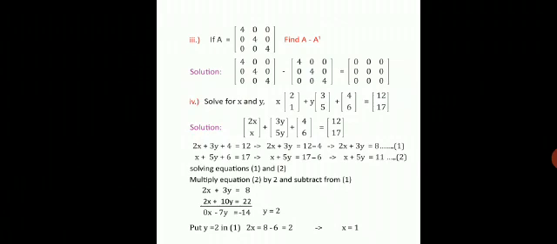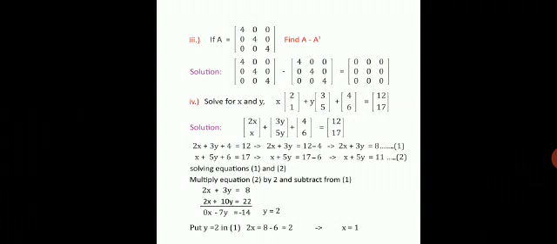Now after this step, we have to add the corresponding elements of the matrices. It becomes 2x plus 3y plus 4 equated to 12. Similarly, for the second row, equate the corresponding elements, x plus 5y plus 6, which is equal to 17. So the first row simplifies: 2x plus 3y is equal to, transposing 4 to the right side, 8.